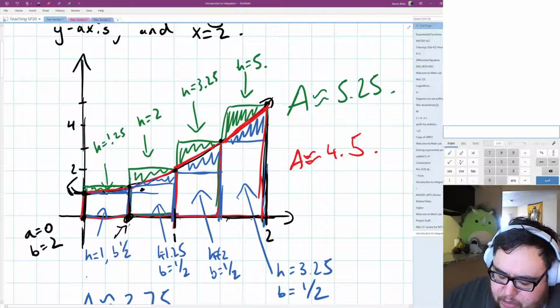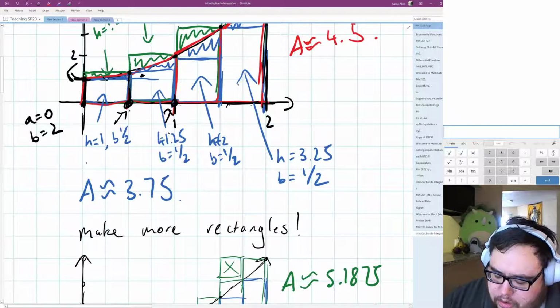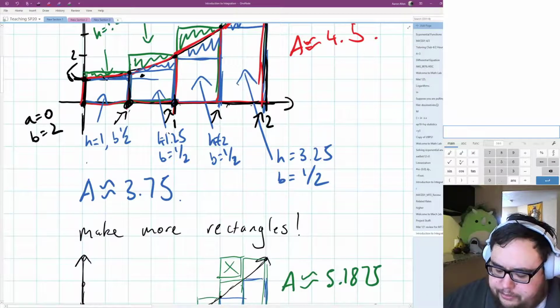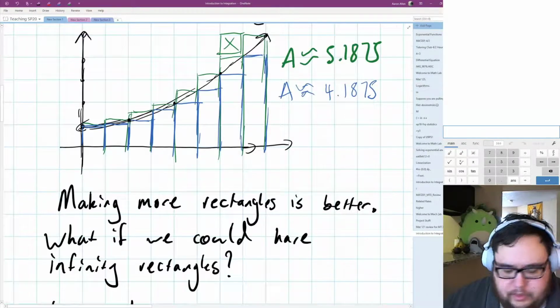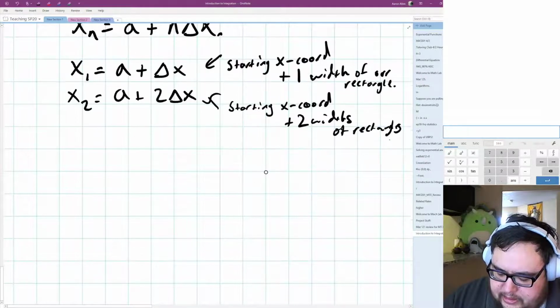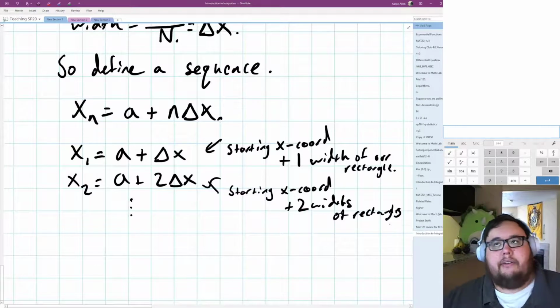And then the second term will give us 0 plus 2/2. So we'll get here on our second term, our third term, and our fourth term, etc., for however many rectangles we have.